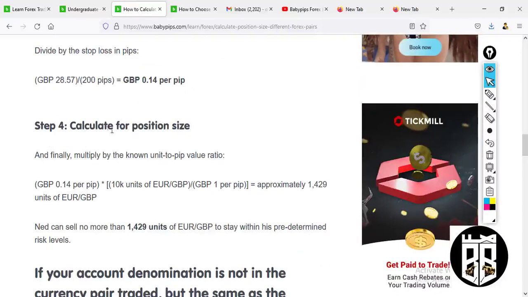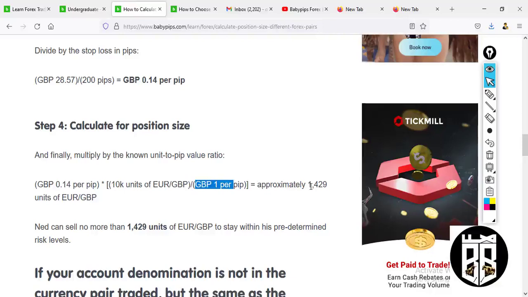Now step 4 is to calculate the position size. So what is the position size in total? Now we are going to multiply by the known unit to pip value ratio. The pip value is 14 British cents multiplied by the known unit of 10,000 units of Euro/USD, multiplied by 1 British pound per pip.